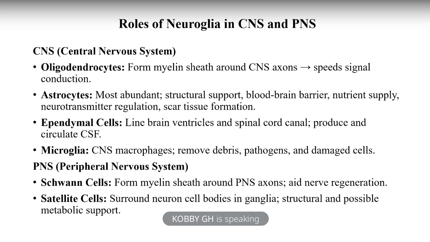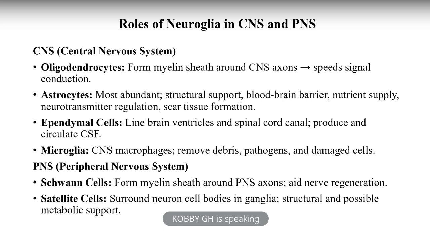Is that okay? Now, what's the function of the astrocyte? The astrocytes help to form the blood-brain barrier. Is that okay? They form the blood-brain barrier, and they are the most abundant.